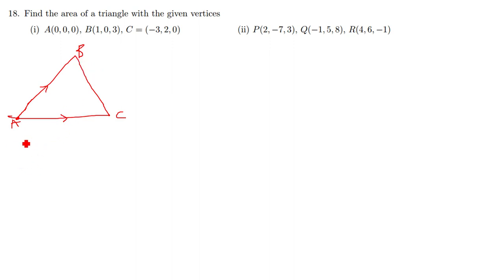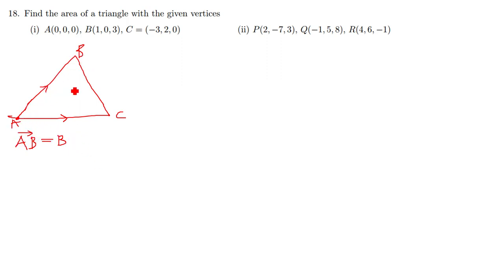So firstly, I'm going to find the vector AB. Remember what we said? We said vectors are found by terminal minus initial.